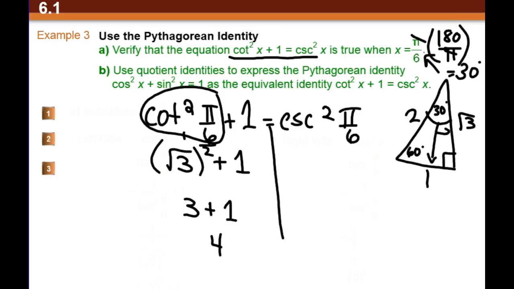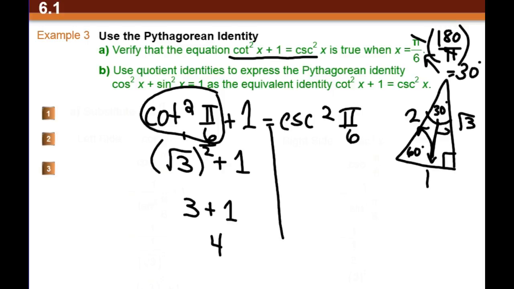And so now we look at the other side, and again, this pi over 6 is still 30 degrees, but we're talking about cosecant, which is the opposite of sine. So it's going to be hypotenuse over opposite when it's cosecant. If we're talking sine from the 30 degrees, opposite is 1, hypotenuse is 2, so it's 1 over 2.